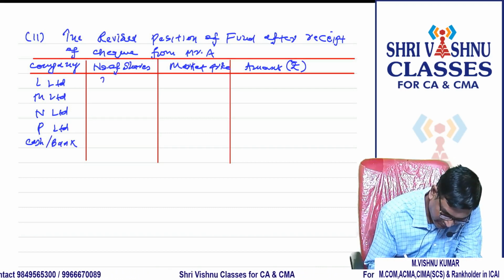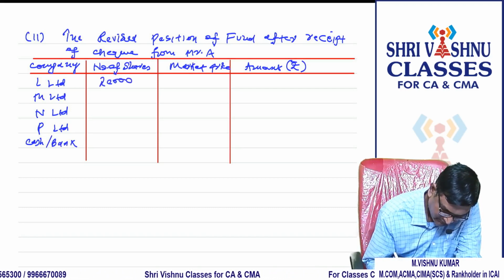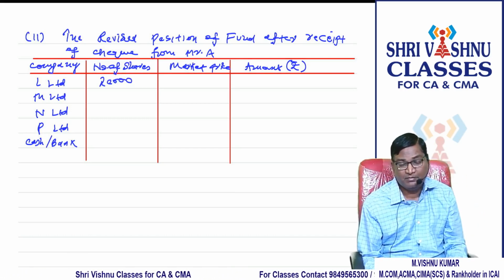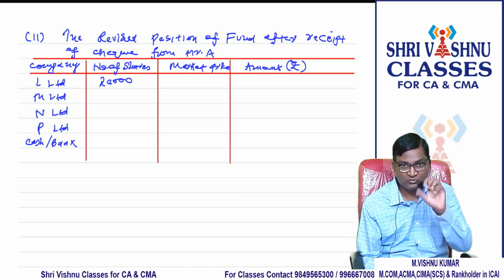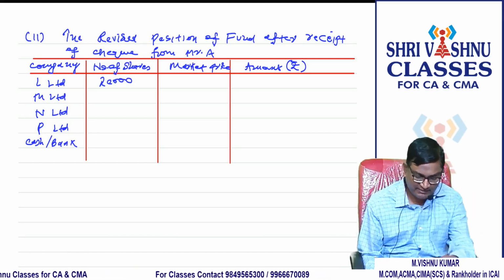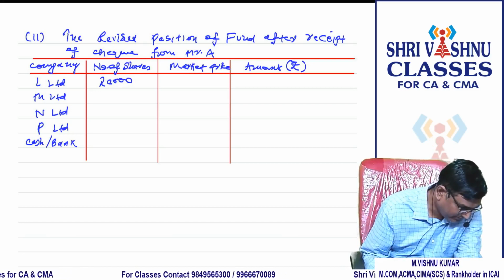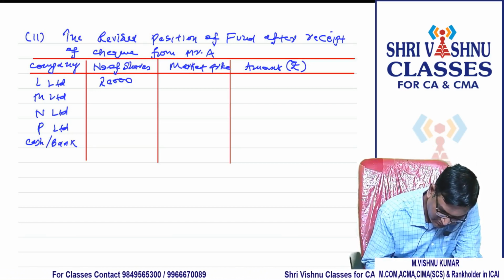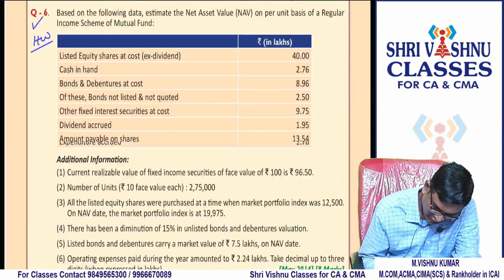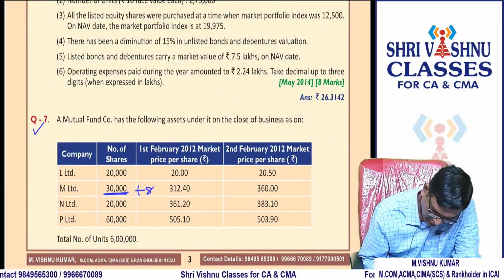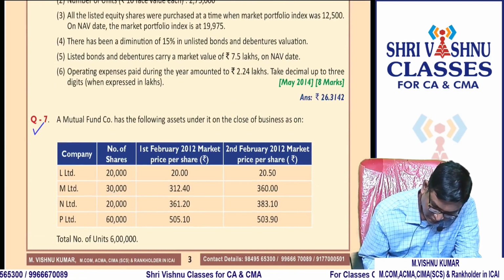So L Limited is the same, 20,000 shares. But M Limited will change now, because in M Limited the fund manager has invested 8,000 shares. So he increased the investment in M Limited. Previously it was 30,000, now 8,000 increased, so 38,000.